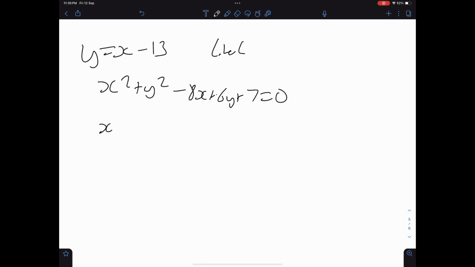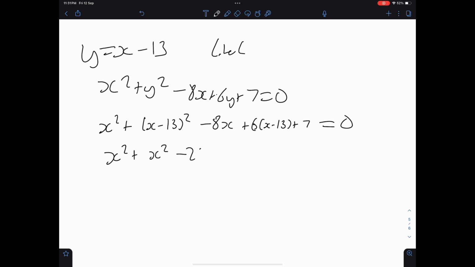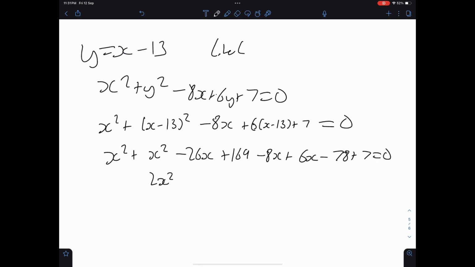So we'd substitute the y for x minus 13. And this is x squared plus x squared minus 26x plus 169 minus 8x plus 6x minus 78 plus 7 equals 0. That's 2x squared, we subtract 2x minus 28x.